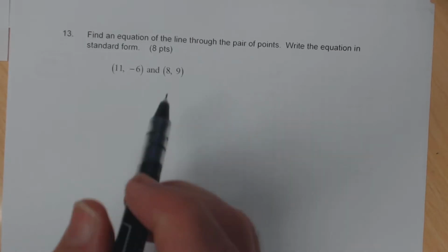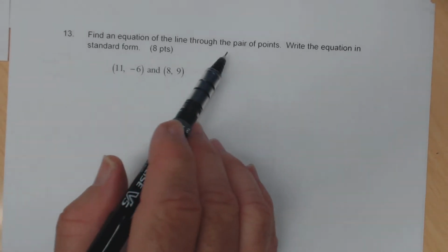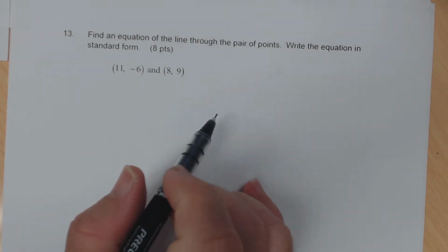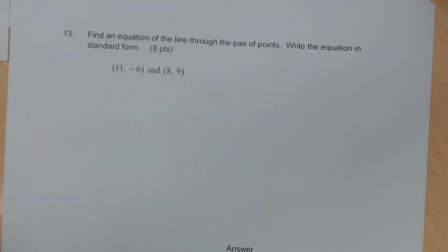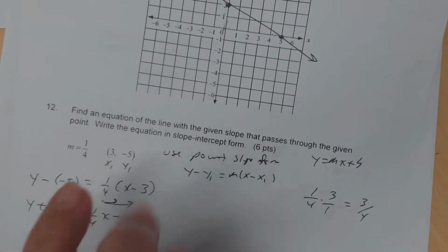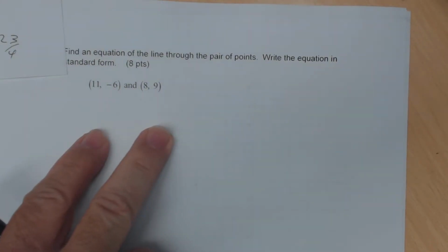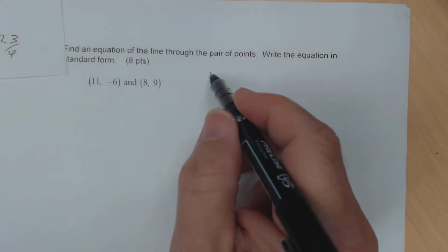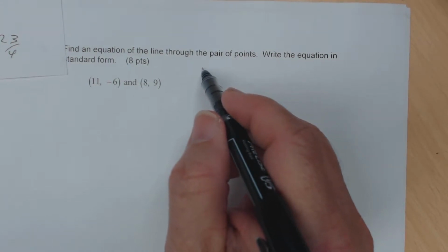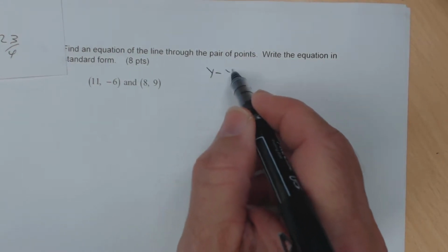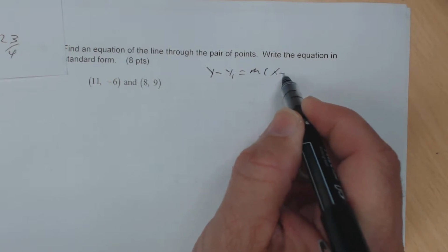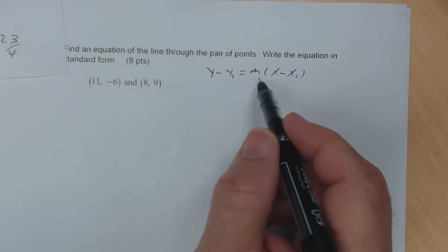Okay, number 13. Again, you want to find an equation of this line. In the previous one, you were given the slope and a point, and here you're only given 2 points. But you're going to use the point-slope form: y minus y1 equals the slope times x minus x1. But in order to use this, you have to find the slope.